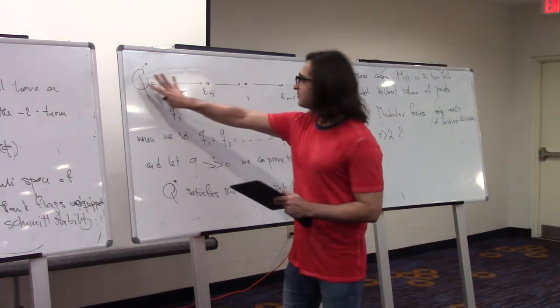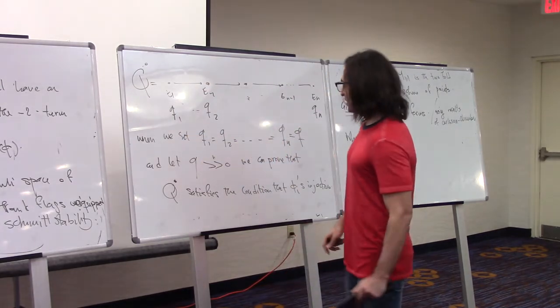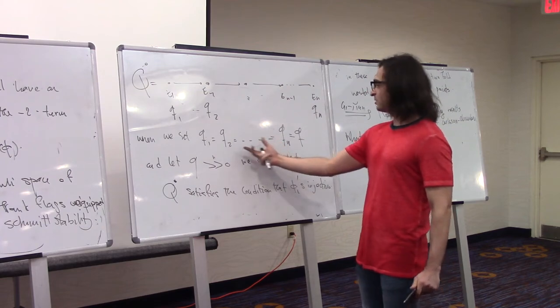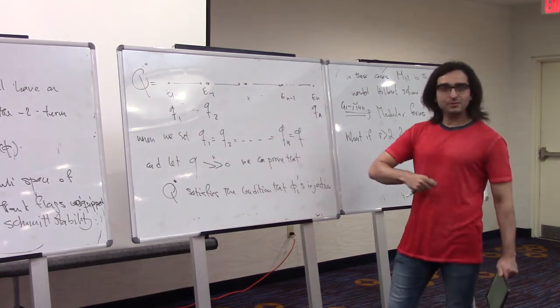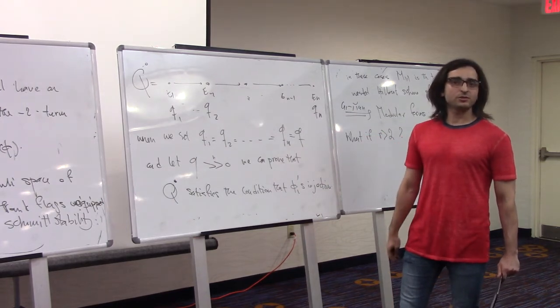So for these quivers of flags on this complex surface, equipped with this Schmidt stability condition, when we let the stability parameter become asymptotically large, we actually constructed a deformation obstruction theory.